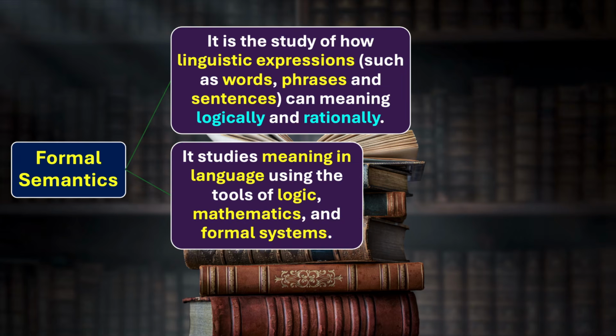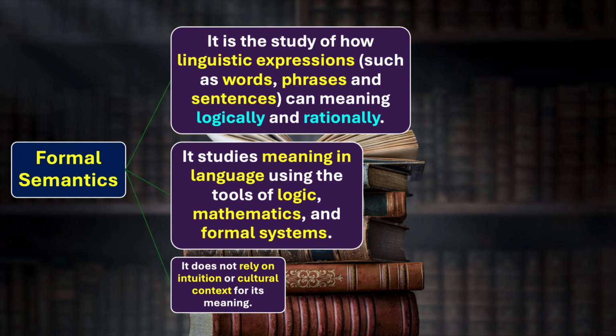It studies meaning in language using the tools of logic, mathematics, and formal systems. Formal semantics is all about how words, phrases, and sentences can be interpreted logically, rationally, without the influence of any context and background. It does not rely on intuition or cultural context for its meaning.